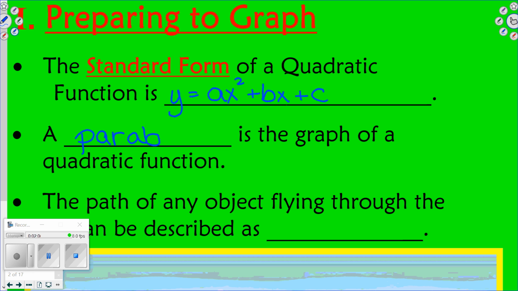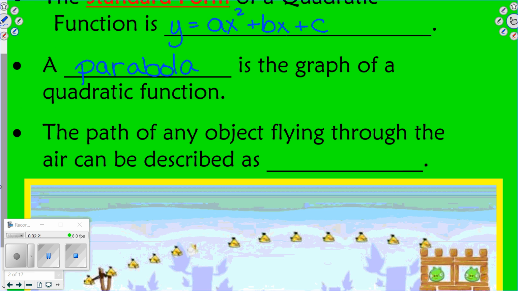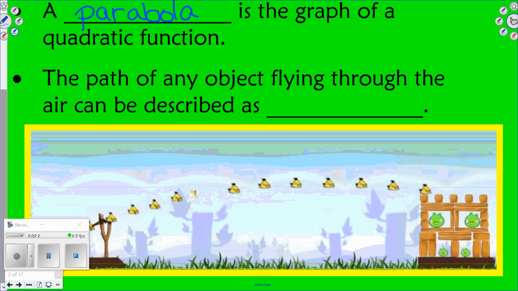Nobody yet? Parabola. There it is. Somebody every year says something that is not a parabola, and I'm like, no, that's called a parabola. All right, that's a parabola.